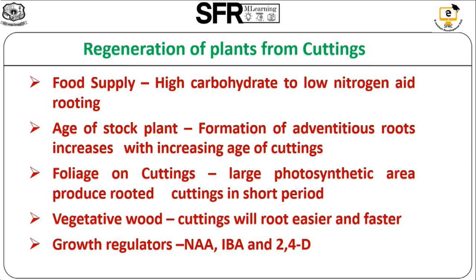Then vegetative wood cuttings will root easier and faster. And the growth regulators needed are NAA, naphthalene acetic acid, IBA, indolebutyric acid, and 2,4-dichlorophenoxyacetic acid. In other words, they are all related to auxin, the main growth hormone which promotes root formation.